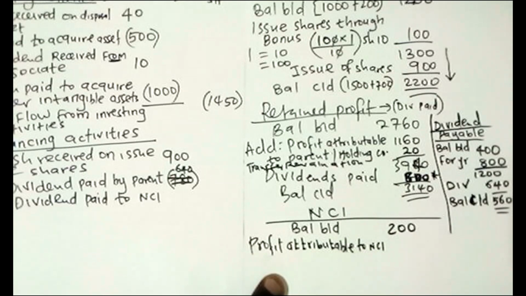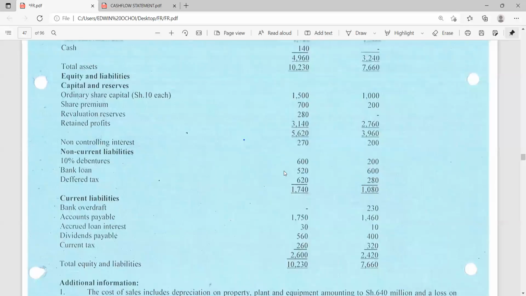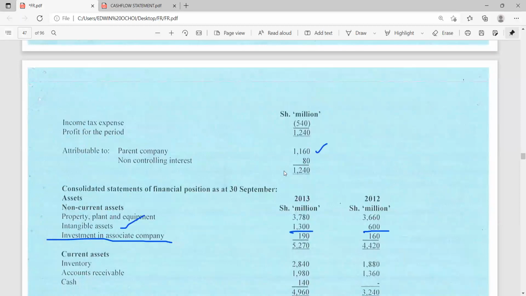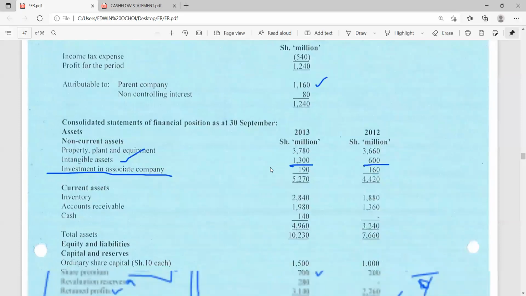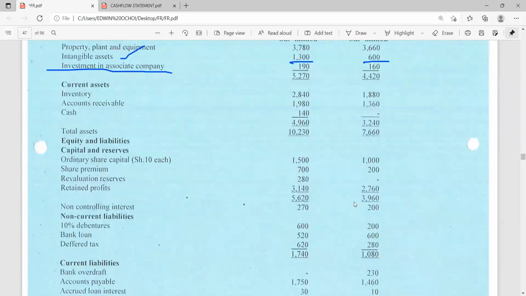So you check under income statement, the last item in that income statement, that is 80. 200 plus 80 is 280. Then at the end there is the balance carried down, I think you can see it's 270.